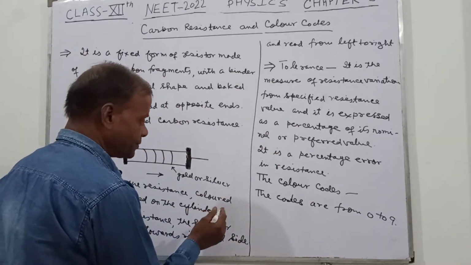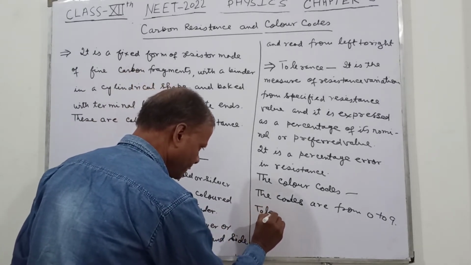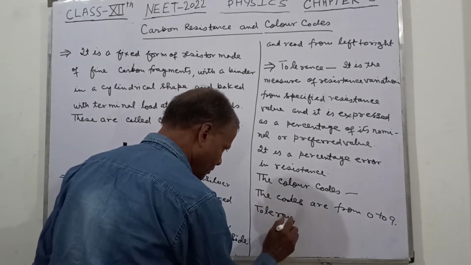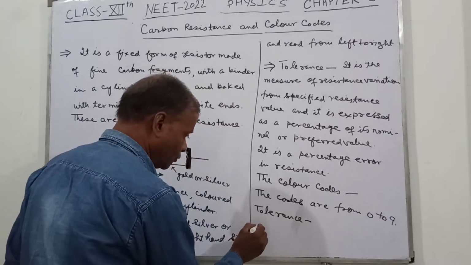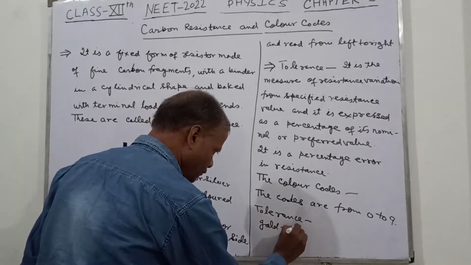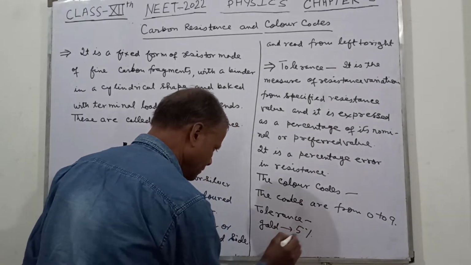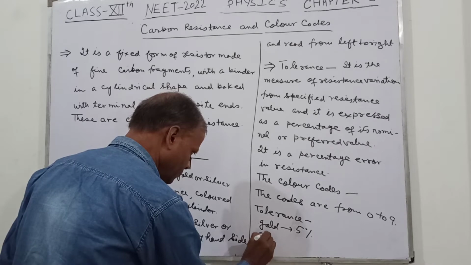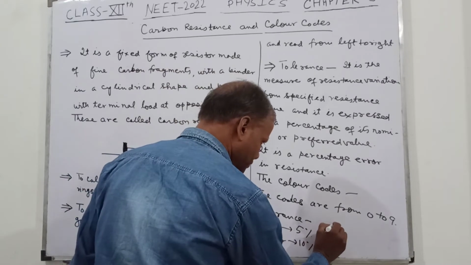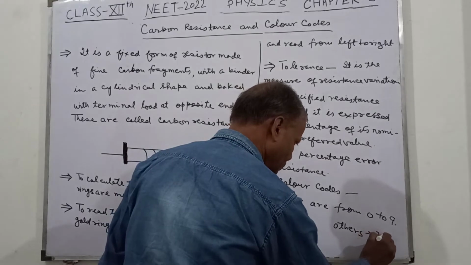The tolerance: for gold it is 5%, for silver it is 10%, and for others it is 20%.